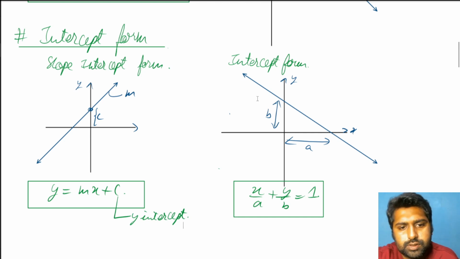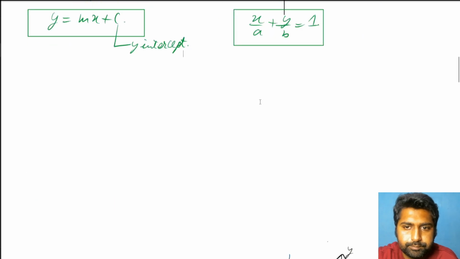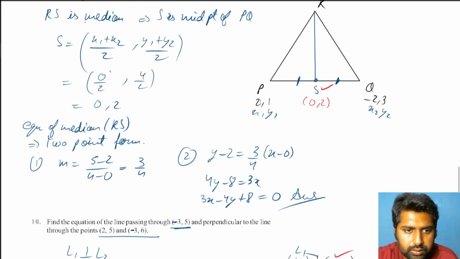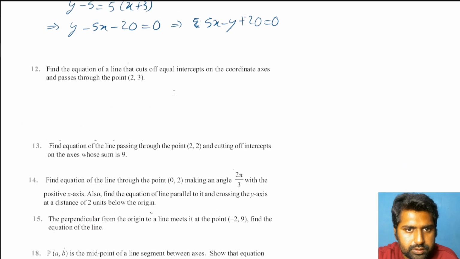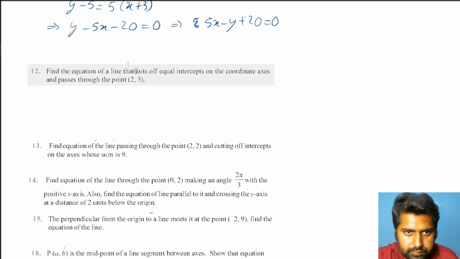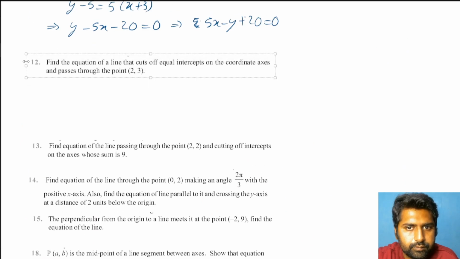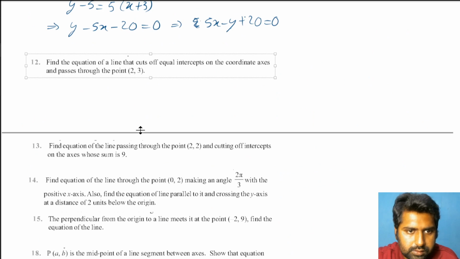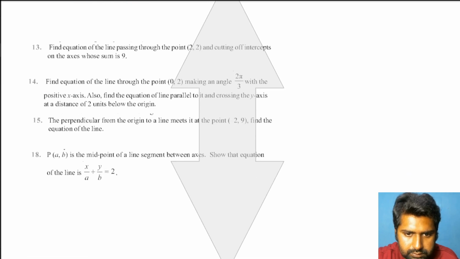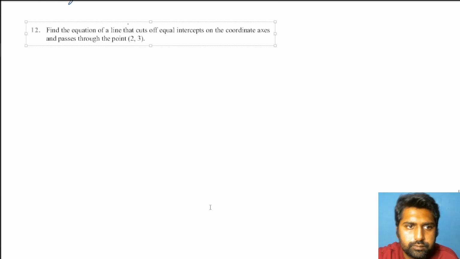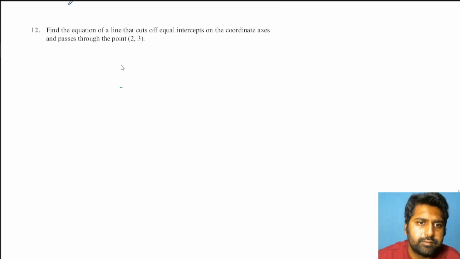All right. Now that we have the formats, let's see how to use them. 12th question. So we have to find the equation of a line that cuts off equal intercepts. So this time the equal intercepts he is saying.